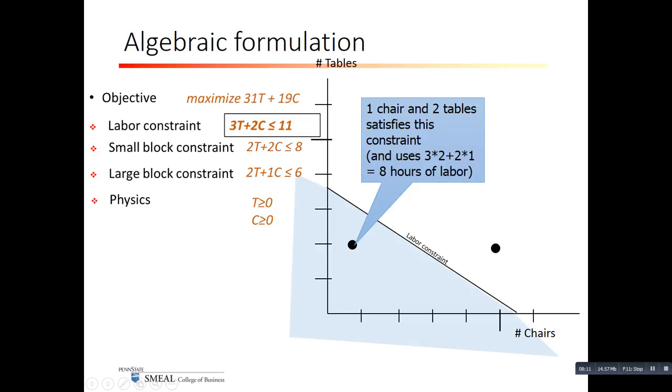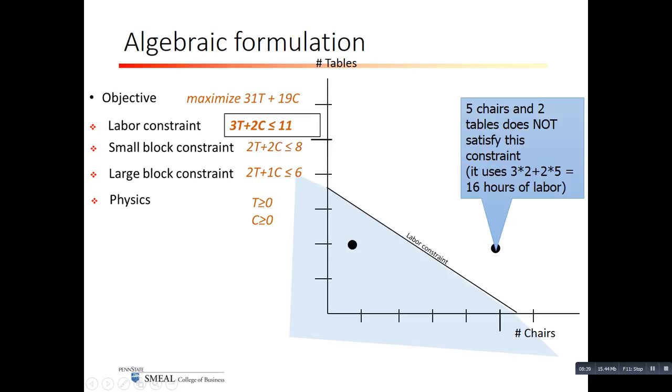For example, this point represents 1 chair, 2 tables. So it uses 3 multiplied by 2 plus 2 multiplied by 1, 8 hours of labor together, which is less than 11. So this point satisfies this labor constraint. That means all the points below this line satisfy this constraint.